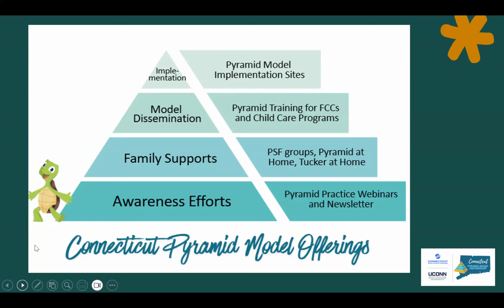When you look at model dissemination, there is a cohort of trainers and coaches for the various trainings. So there's a family childcare specific training, an infant and toddler classroom specific training, and then a preschool classroom specific training. And we have a number of folks that are, as you said, supported in the national training model through our team.